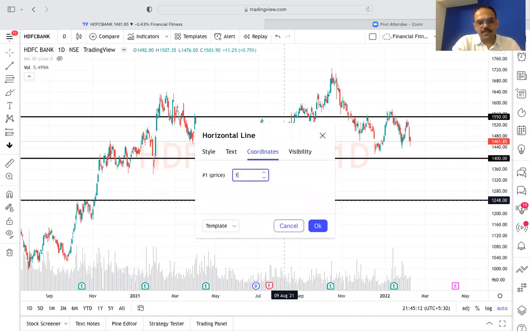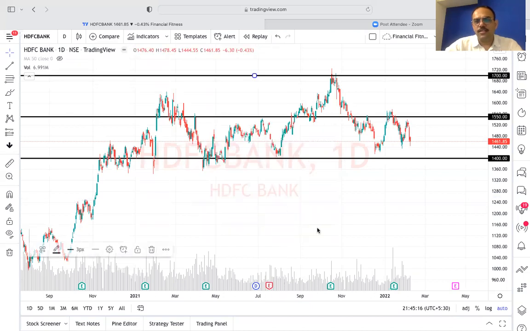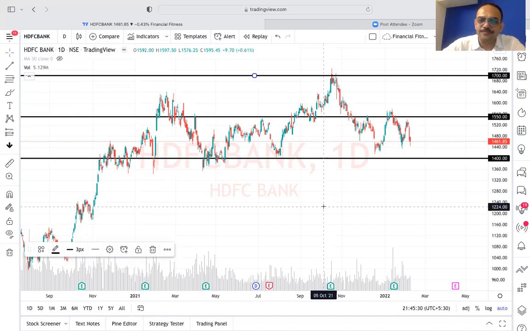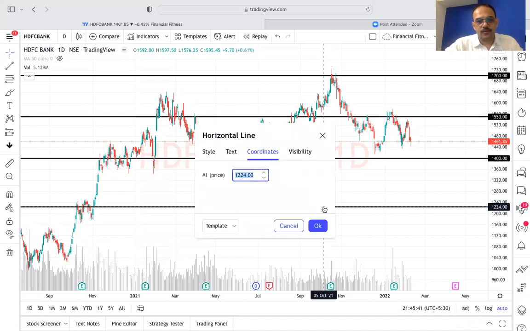So I'm typing this 1700 to this line and you see the magic. Do you think that this was a resistance level where it went down? Yes. Okay, subtract 150 from 1400. 1250.